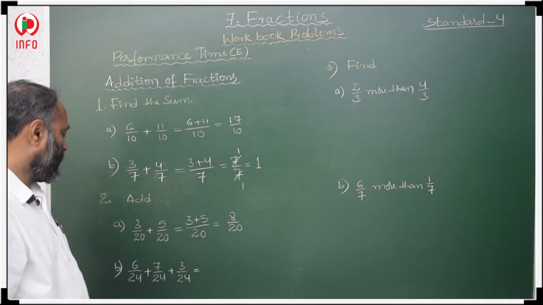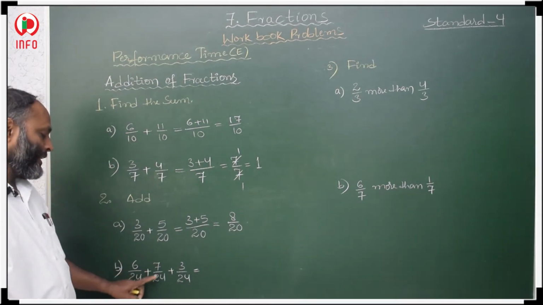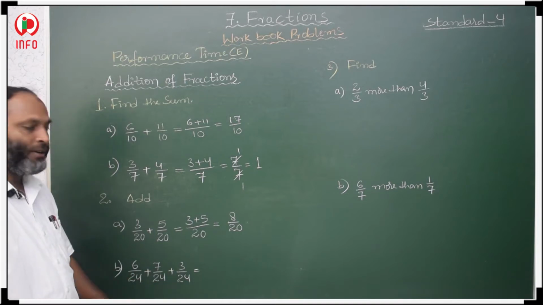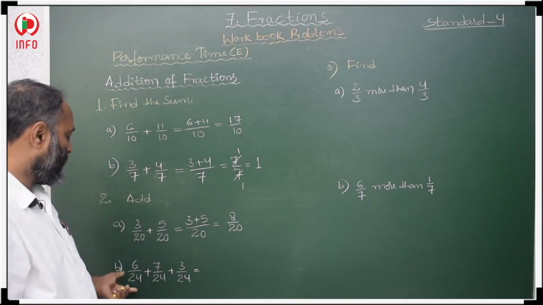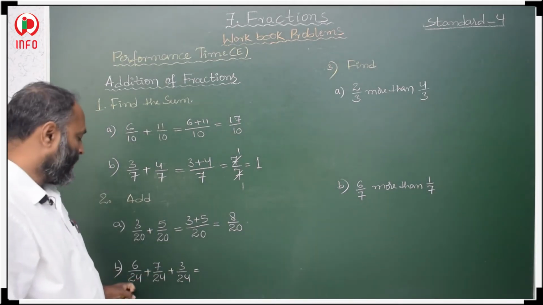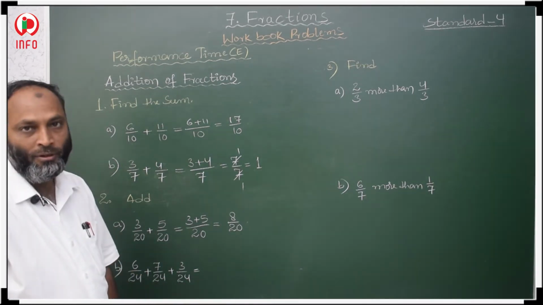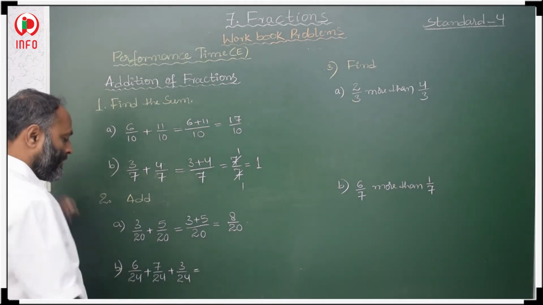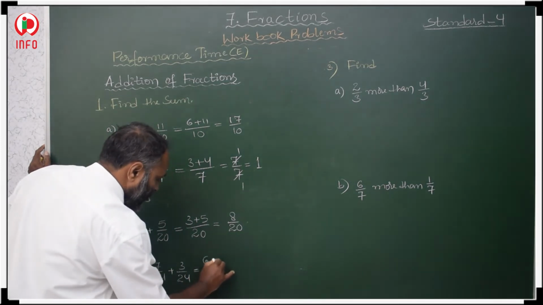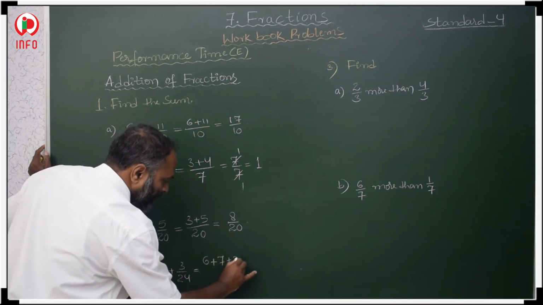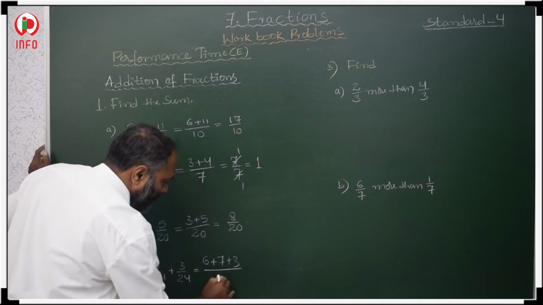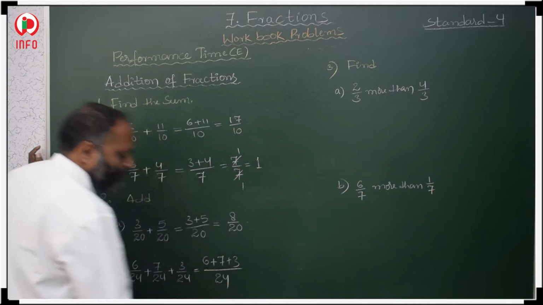Next, 6 by 24, 7 by 24 plus 3 by 24. Here all these are like fractions, with 24 in each. When like fractions are given, how to add? 6 plus 7 plus 3, we add the numerators, by the common denominator, which we take one time.